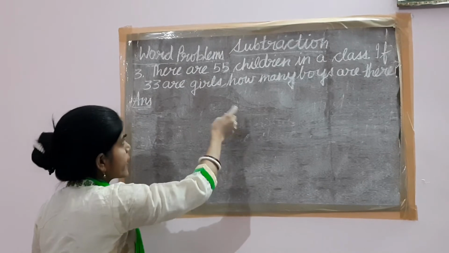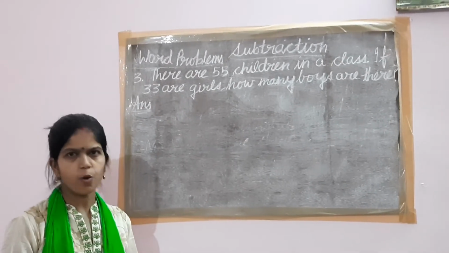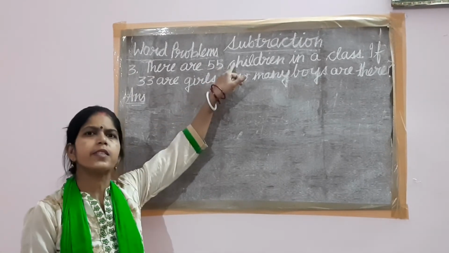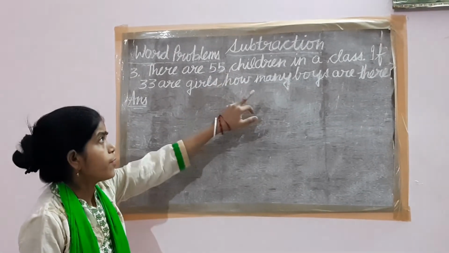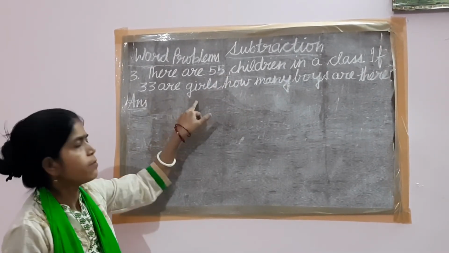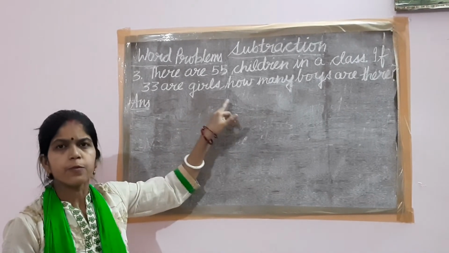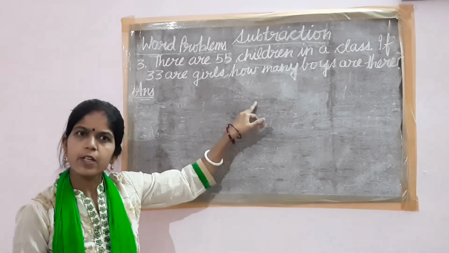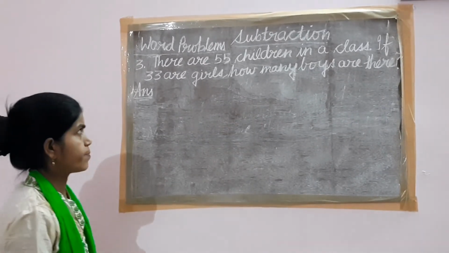Here in this we can see boys and girls both are sitting in a class, and the total number of the class is given and then the girls' number is given. You have to find out the boys' number. So what will you do? Subtraction.